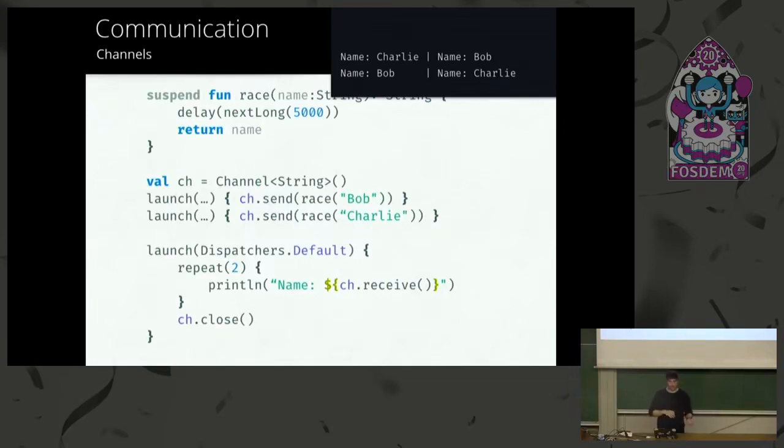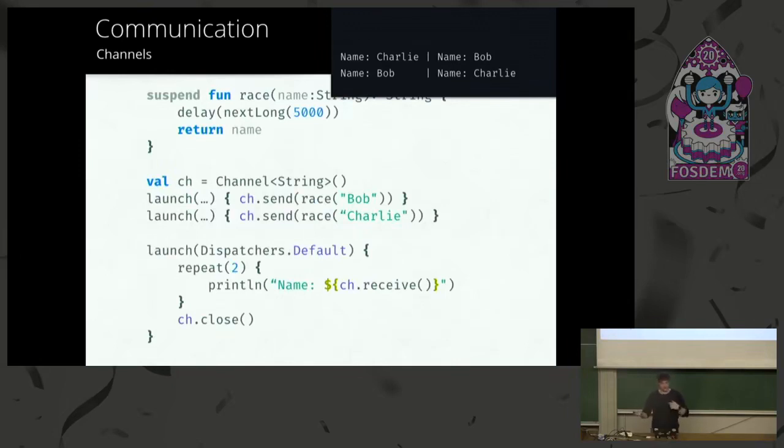And then we have one coroutine that's receiving from these channels. And we can either get Charlie Bob or Bob Charlie. It all depends on the random function.